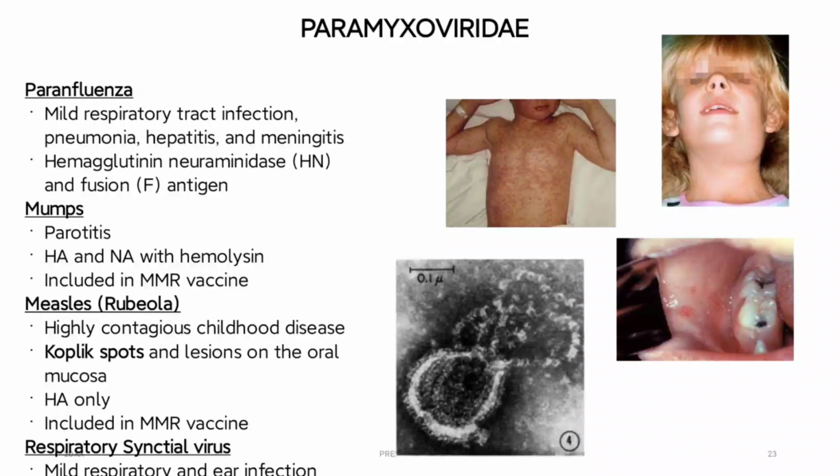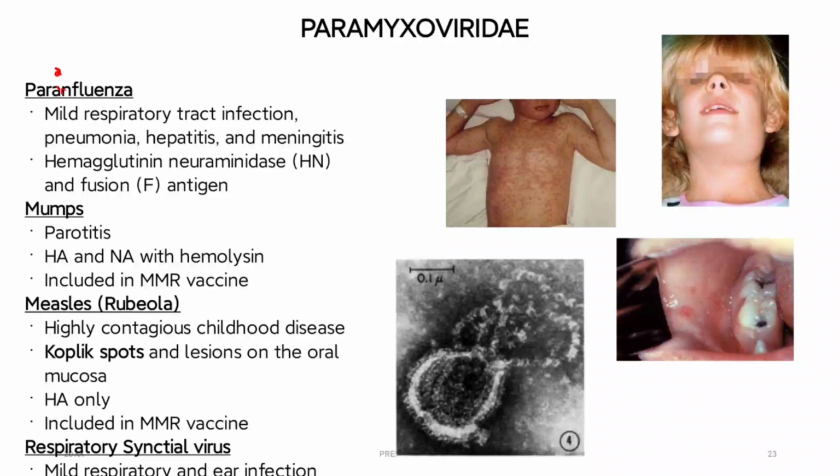Okay, ulitin natin. So, pag Paramyxoviridae, we have the parainfluenza. Kulang siya ng letter I. Okay, parainfluenza. Not to be confused with influenza, which is nasa orthomyxo. Ang difference ng dalawang yan, first and foremost, syempre, ang orthomyxo or yung influenza virus, meron siyang HA tsaka NA.